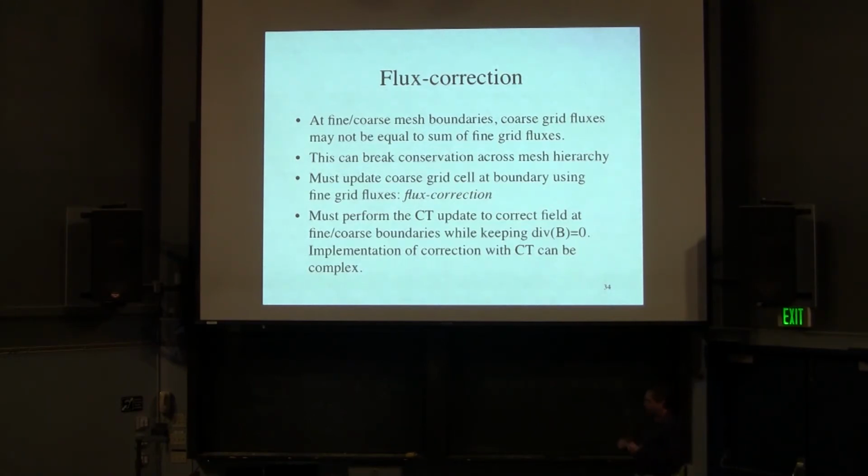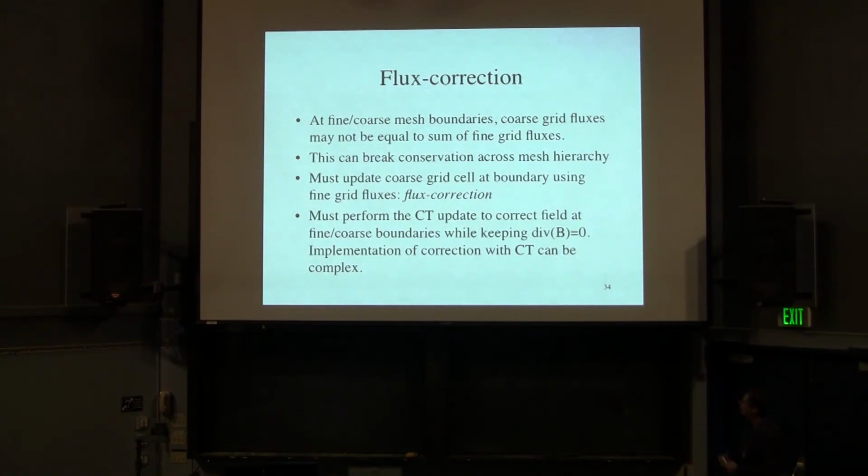But the 2 fine mesh fluxes corresponding to the neighboring coarse mesh may not add up to the flux that was used to update that coarse mesh in the beginning, because they were calculated with different steps. The fine mesh fluxes were using a Riemann solver using left and right states calculated from the fine mesh, and the coarse mesh was using left and right states and a Riemann solver calculated in the coarse mesh. There's no way that those things are guaranteed to be the same. And if you don't guarantee they're the same, you're going to break conservation. You're going to have more mass flowing out of the fine mesh than is flowing into the coarse mesh.